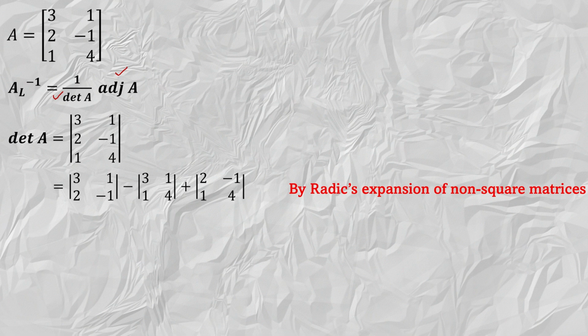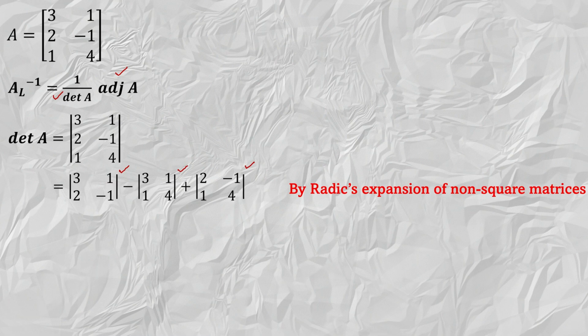Let's first find the determinant of A. We shall use Roddick's expansion for non-square matrices to expand this determinant. Here we have constructed three 2 cross 2 determinants.